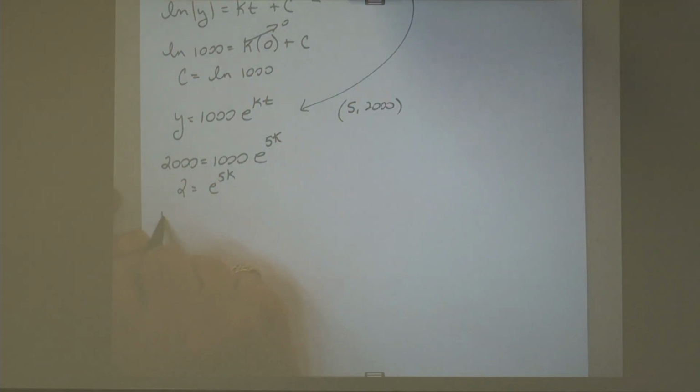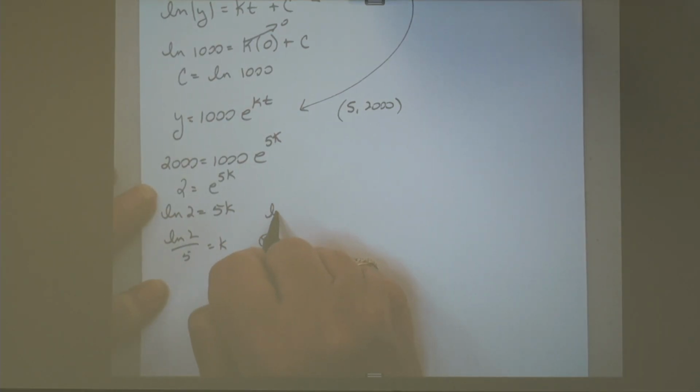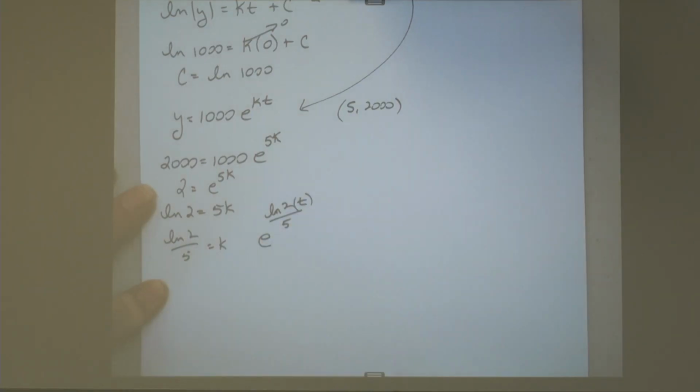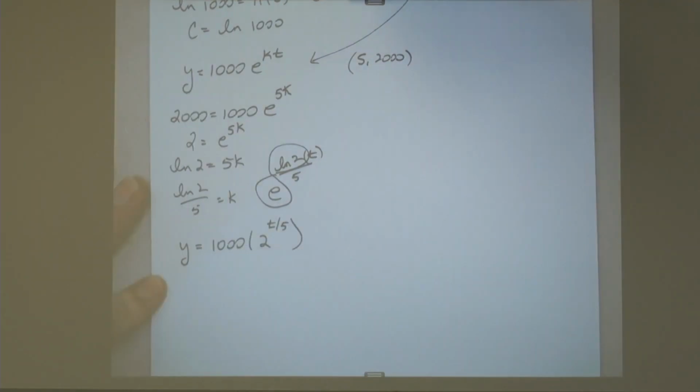So ln 2 is 5k. ln 2 divided by 5 is k. And when you go back and you plug that in, you have e to the ln 2 times t over 5, this is going to turn into 2. So my equation is 1,000 times 2 to the t divided by 5.